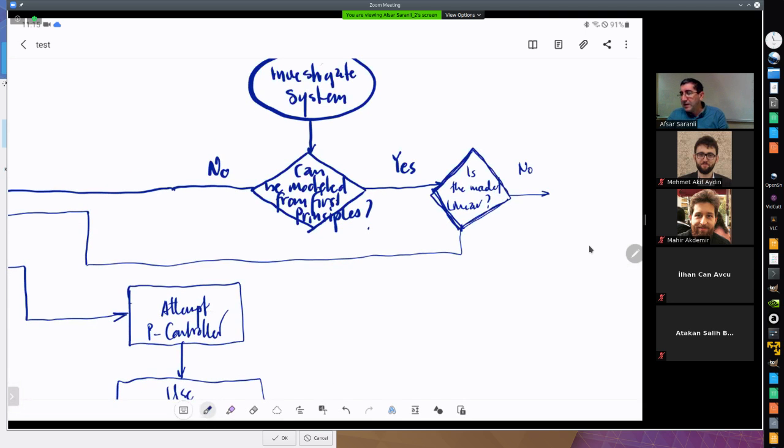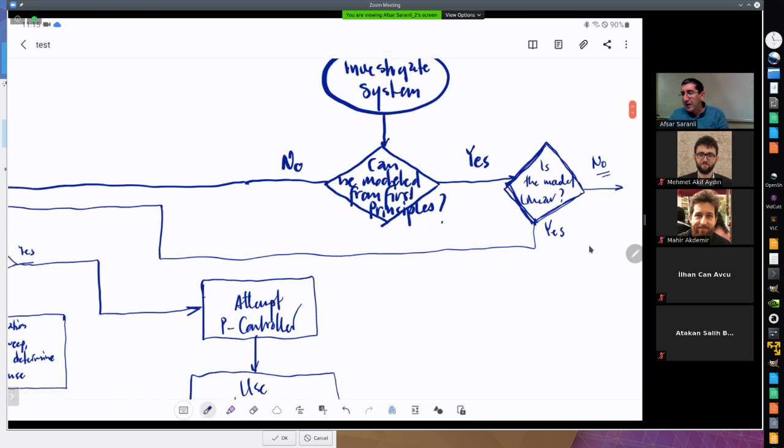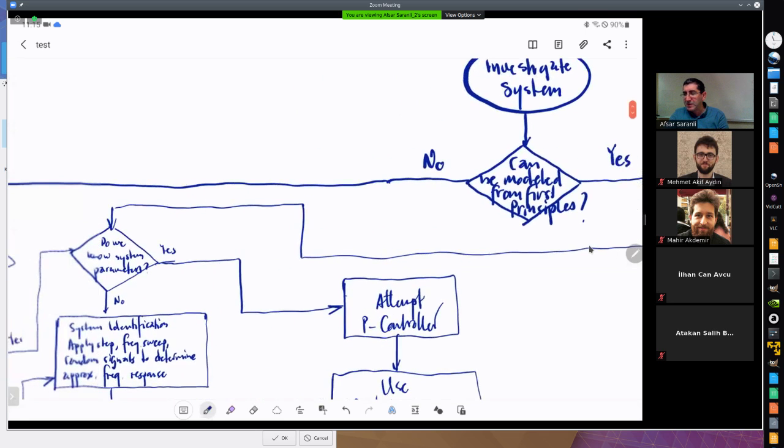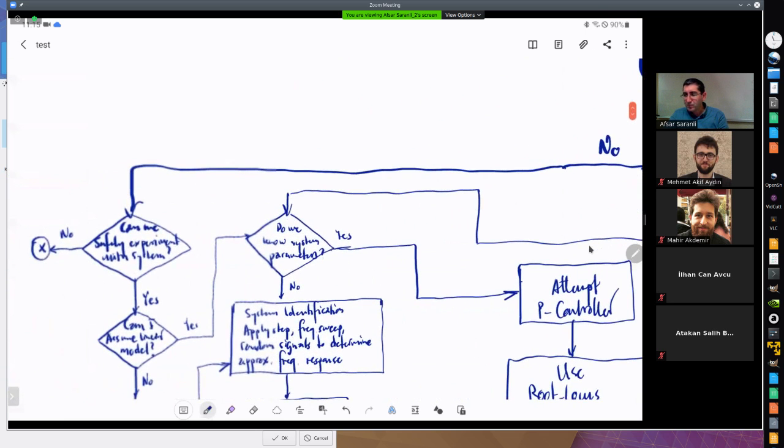But let me reserve the no answer for a while, and let us take a look at the yes answer. And also, I want to move on to the left. Even if we cannot model this system from first principles, okay? So let's take a look at what we can do in this case, okay?